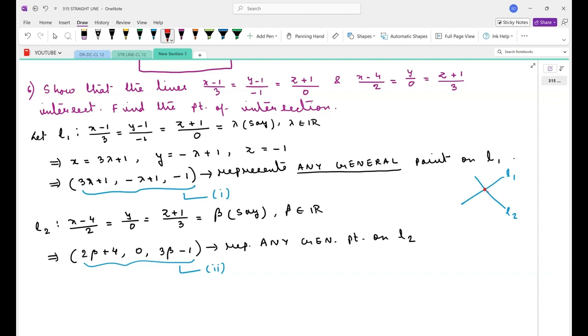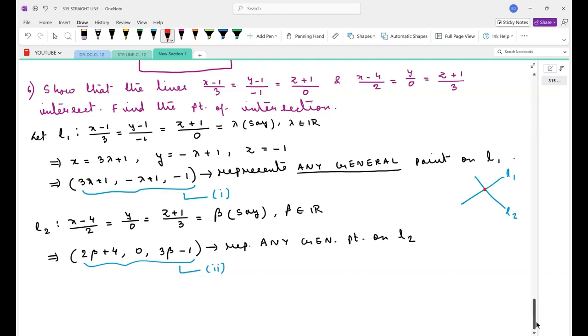That means these two points must be equal, only then can these two lines intersect, because the point of intersection will be on both L1 and L2.